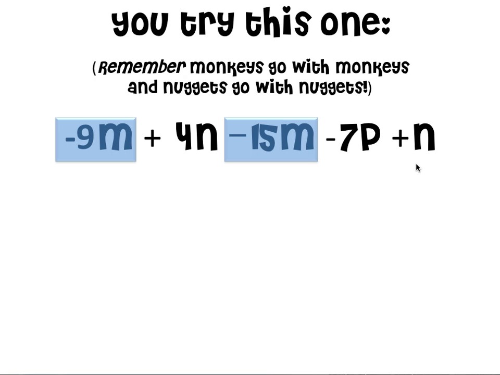Hopefully you noticed that there were two m's that were like terms, two n's that were like terms, and the 7p is all alone. Also notice that when we boxed these out as individual terms, we always use that sign in front.